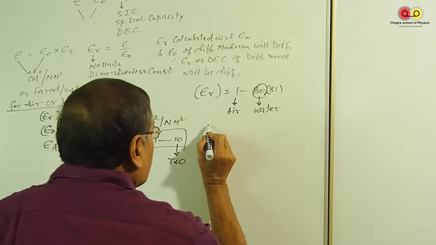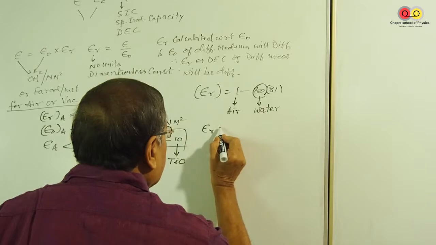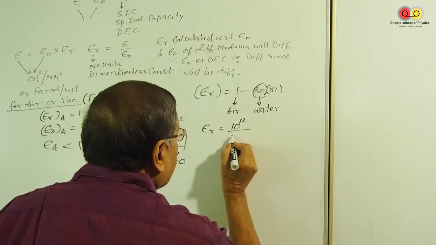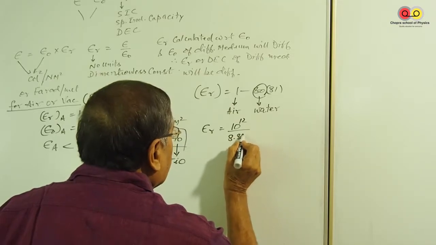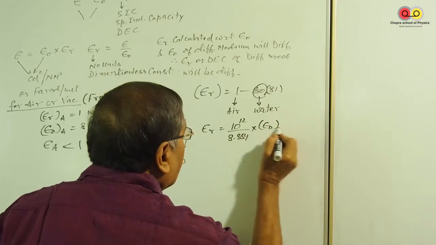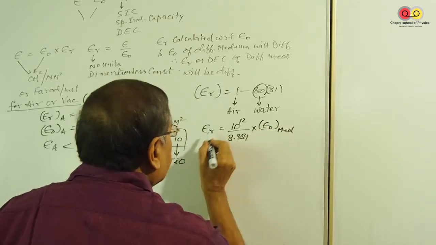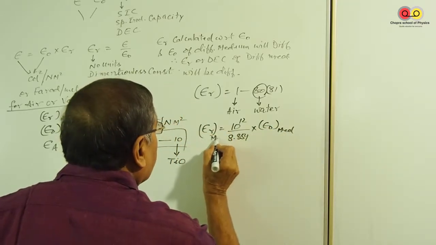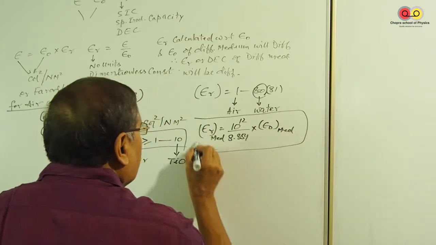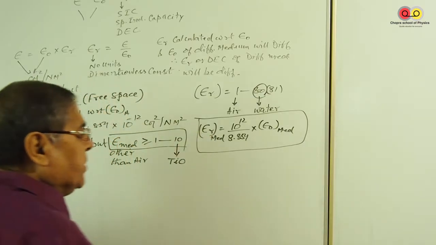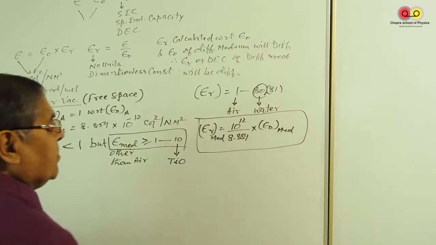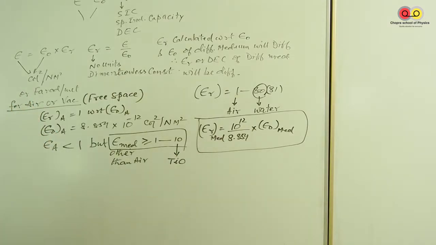And the general formula of dielectric constant is 10 to the power 12 over 8.854 into absolute permittivity of medium. This is the general formula for getting dielectric constant of a medium.